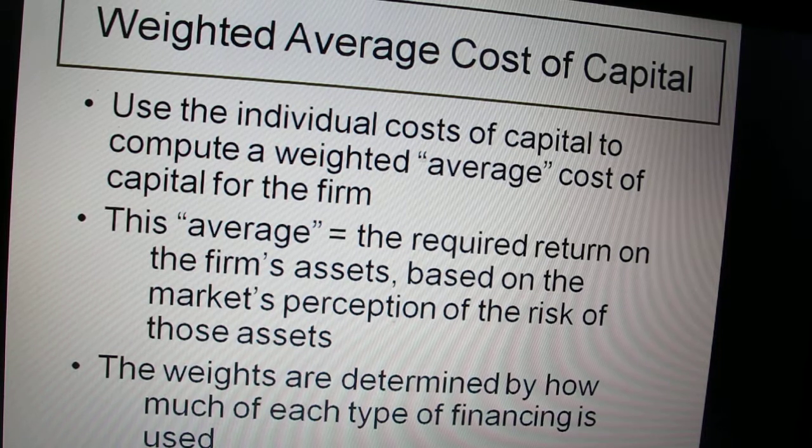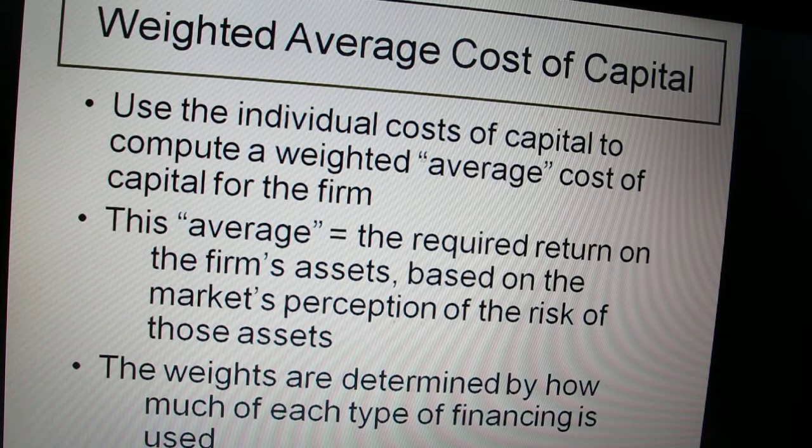So you're going to use individual costs of capital to compute a weighted average cost of capital for the firm. This average is going to be equal to the required return on the firm's assets based on the market's perception of the risk of those assets. The weights are determined by how much of each type of financing is used.